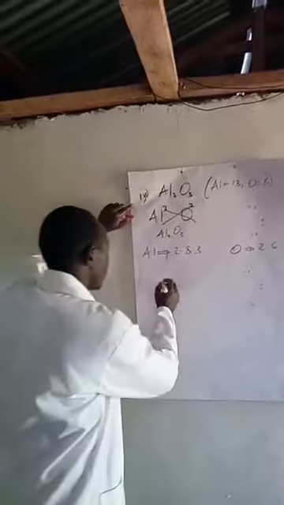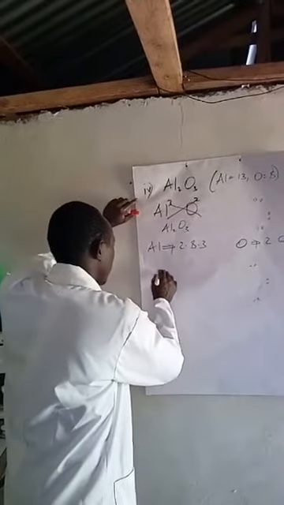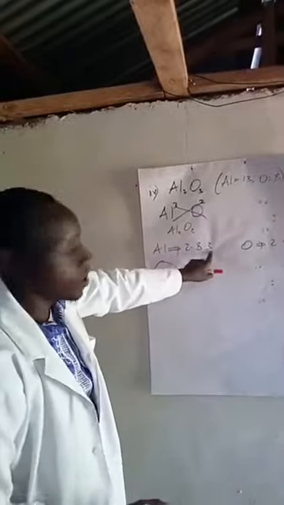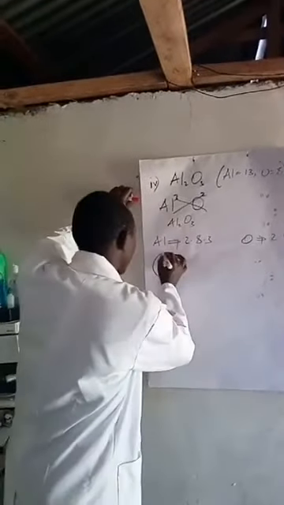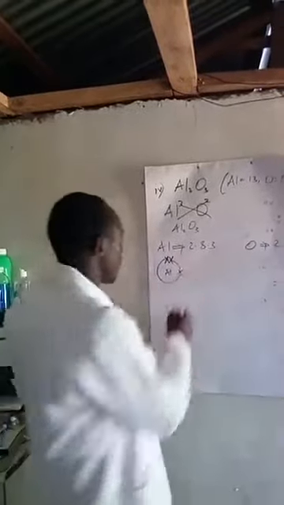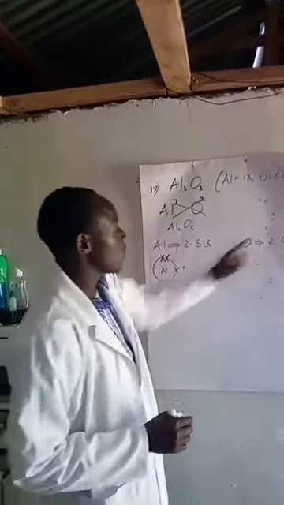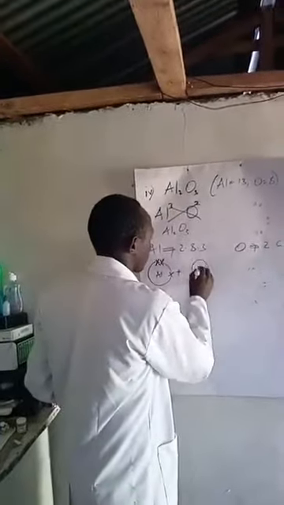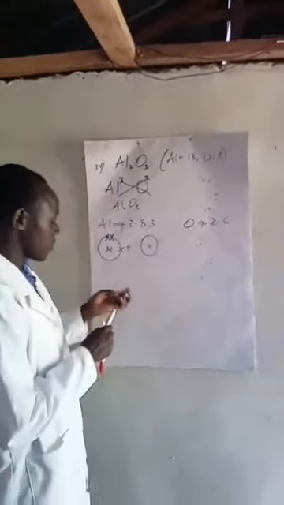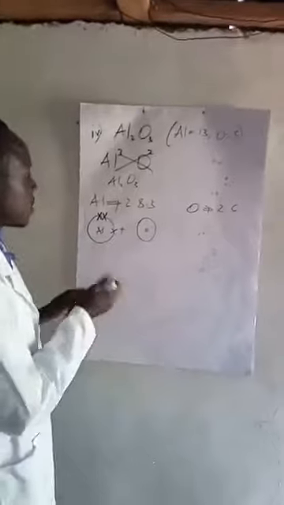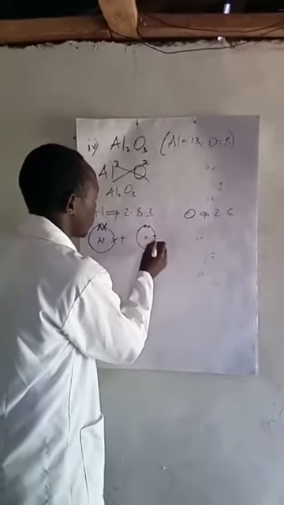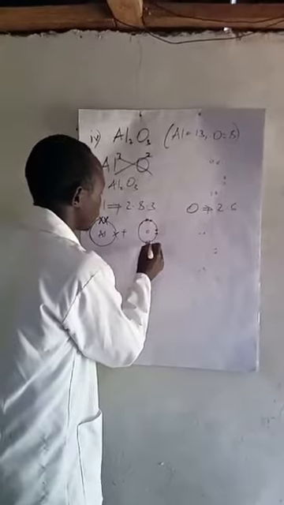So you draw aluminium. Remember we are only drawing the outermost energy levels. Aluminium's outermost energy level has 3 electrons. For oxygen, as we have said, the outermost energy level has 6: 1, 2, 3, 4, 5, 6.